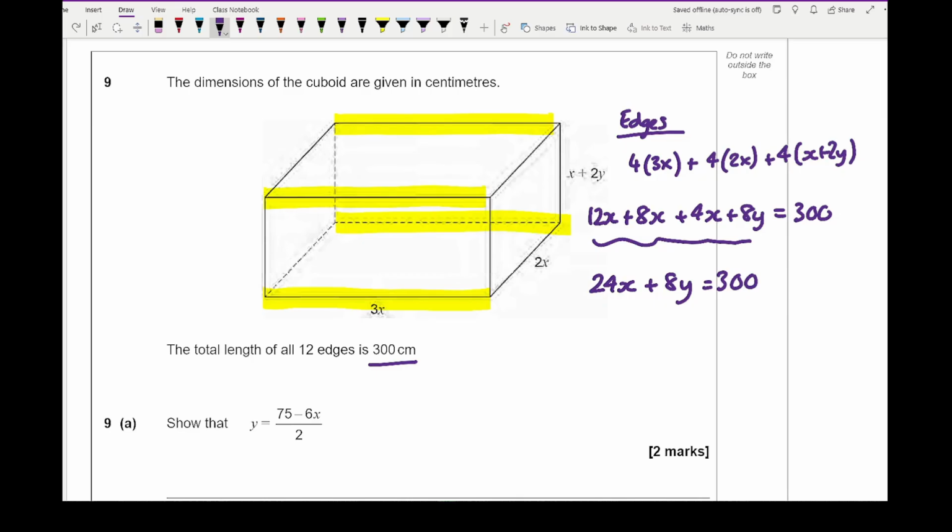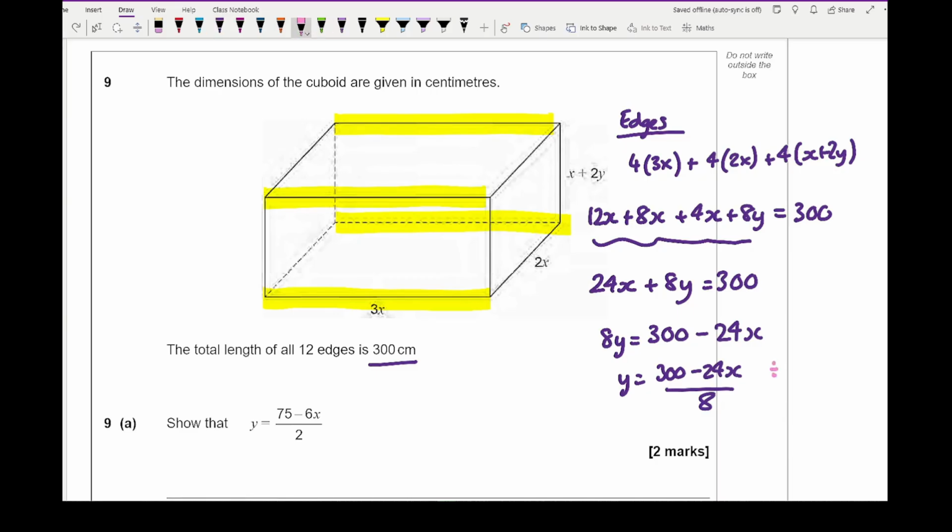So I take the 24x over to the other side. So 8y equals 300 minus 24x. And then dividing everything by 8, we end up with 300 minus 24x over 8. Now what I then want to do is divide everything by 4.